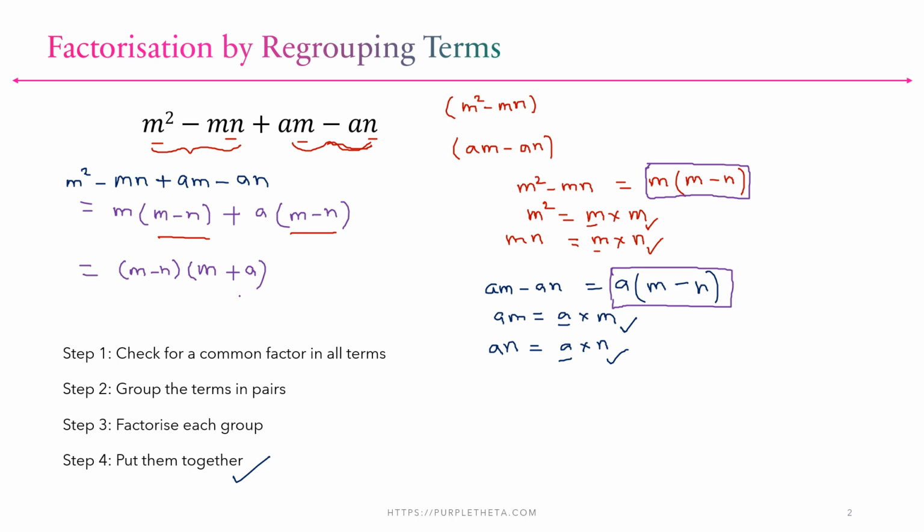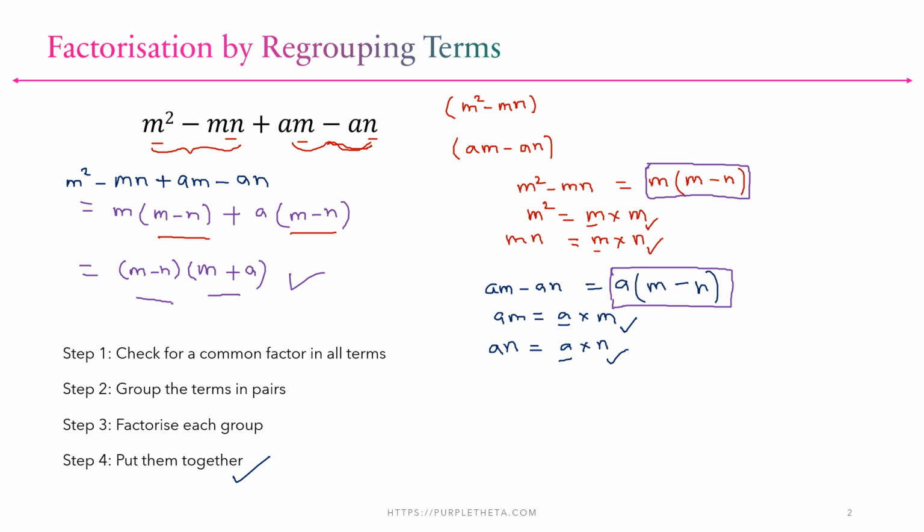So this is our final answer. The factors of m square minus mn plus am minus an are m minus n multiplied by m plus a, and both of these are irreducible factors. That means they cannot be broken down further.